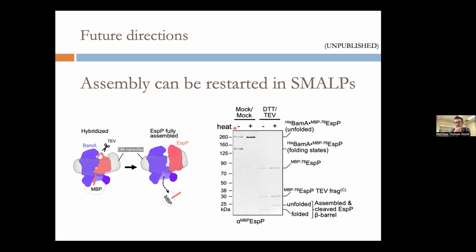So that's what's happening. We do see really fun things going on with what we think is hydrogen bonding of the final strand of the substrate, EspP, to the first strand of BamA.